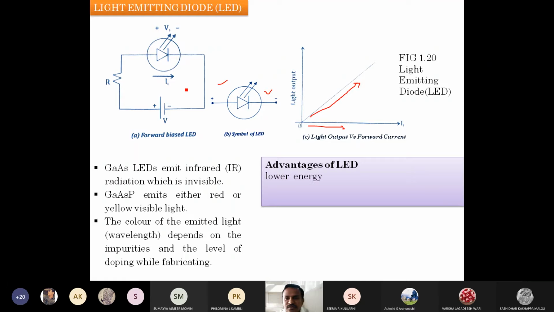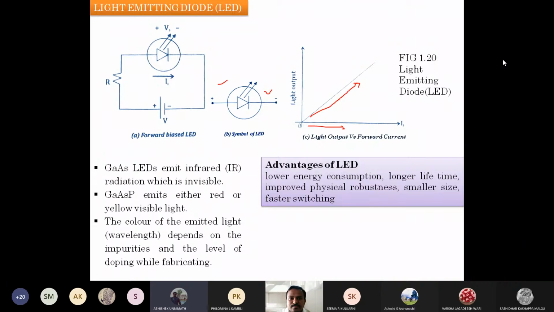If you go for the advantages of these LEDs, one is lower energy consumption.